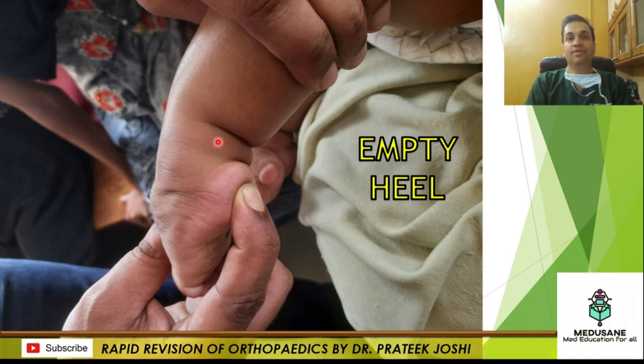If we can partially feel the calcaneum, it is a Pirani score of 0.5, and if we cannot feel the calcaneum, it is a Pirani score of 1. In this case, we could just partially feel the calcaneum, and therefore this is a Pirani 0.5 empty heel sign, and therefore the total hind foot score for this patient was 2.5.